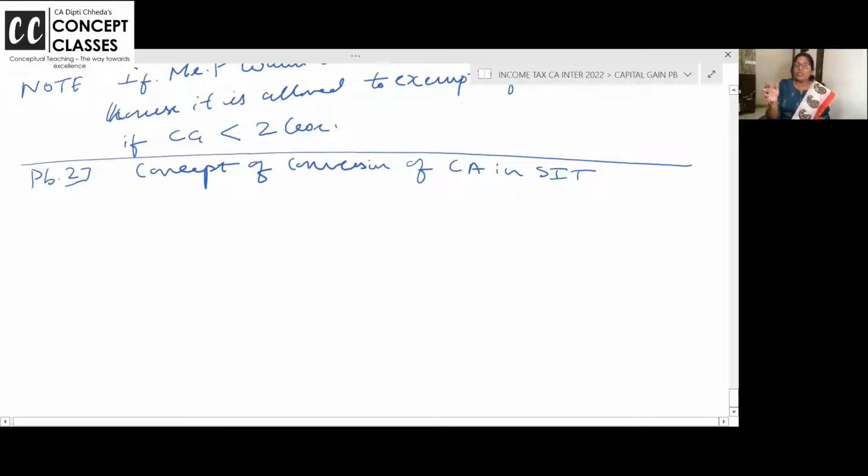So the day you convert, that's the date of the transfer, capital gain. And when it is sold in business, it will be business income and all. And also concept of exemption under section 54F वो भी मिलेगा.